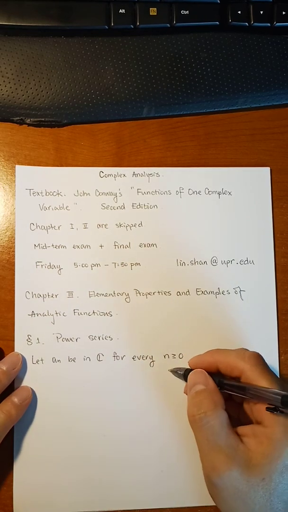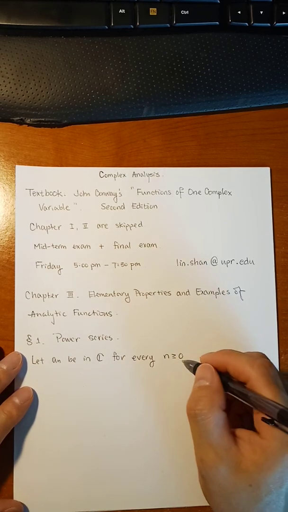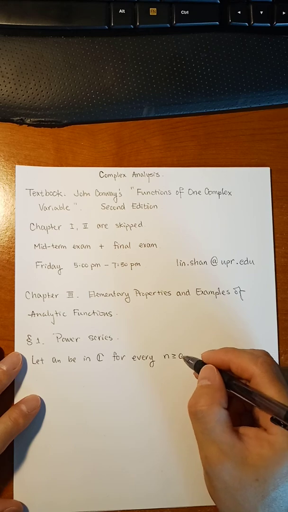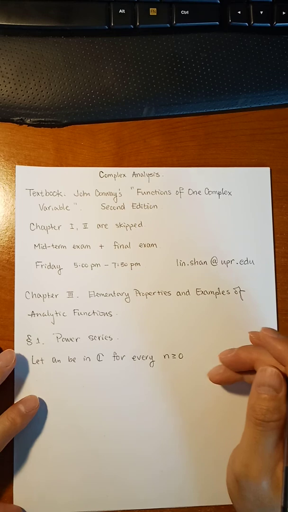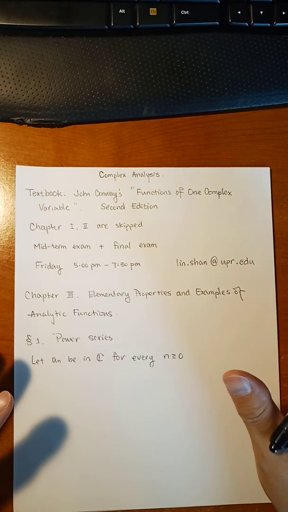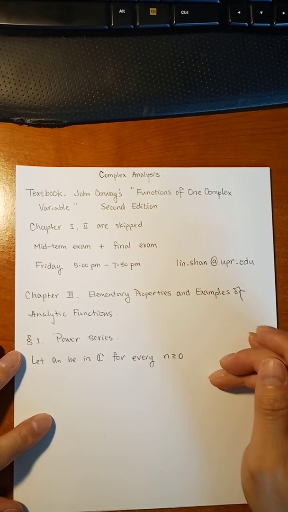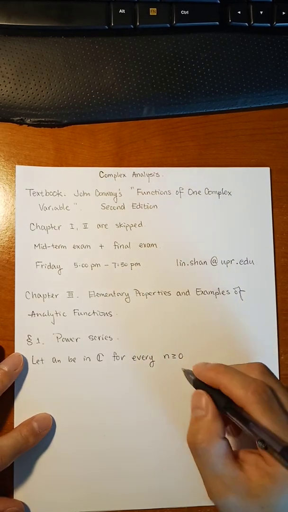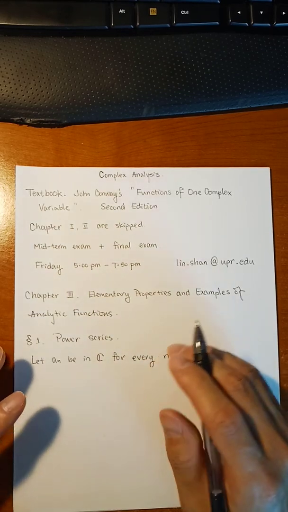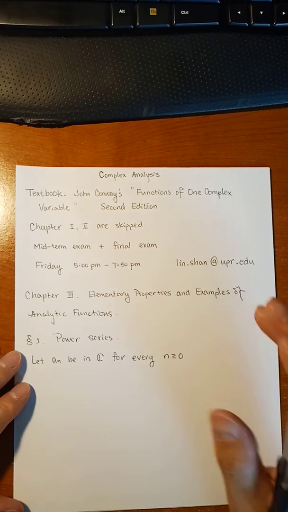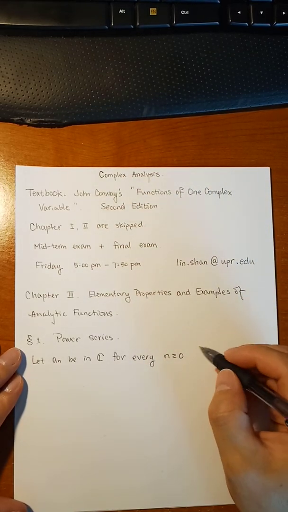It doesn't matter which integer n starts from, but here we say n starts from 0 because later this power series will be like an infinite polynomial. 0 means the 0th order polynomial, a constant term. So when we study power series, n starts from 0. When we study a general series, n starts from 1, the first term.